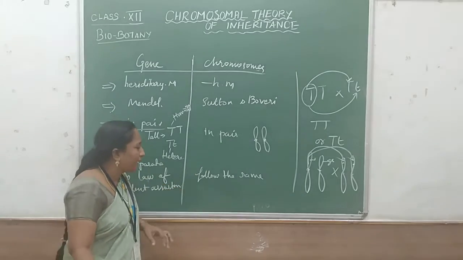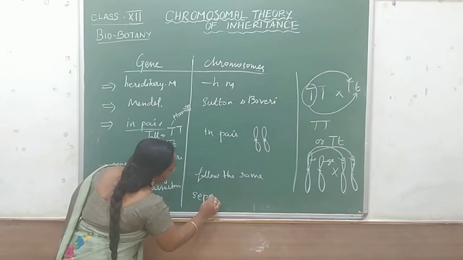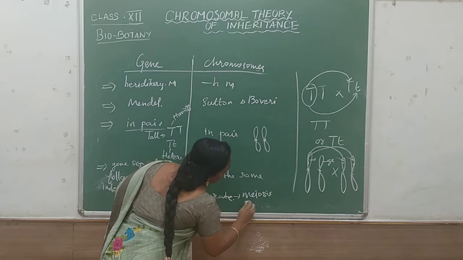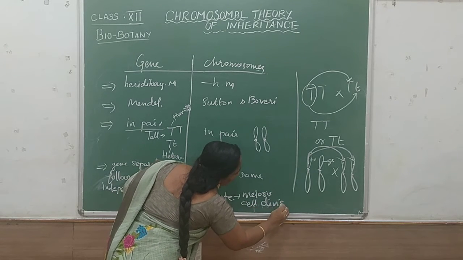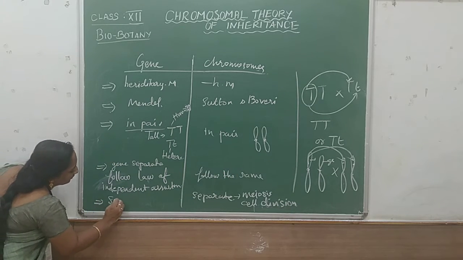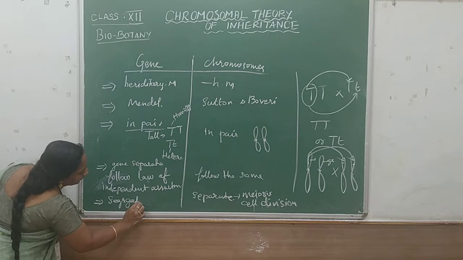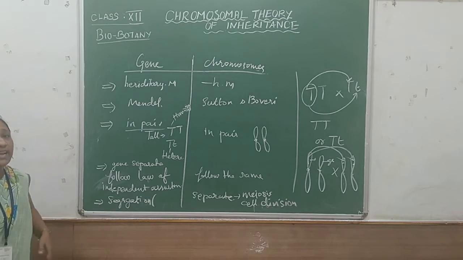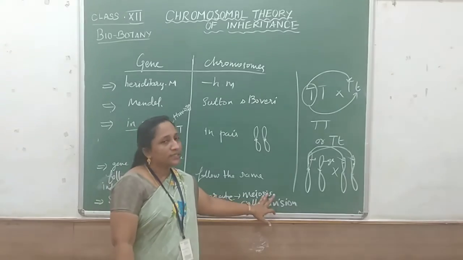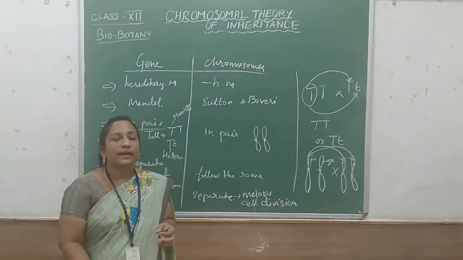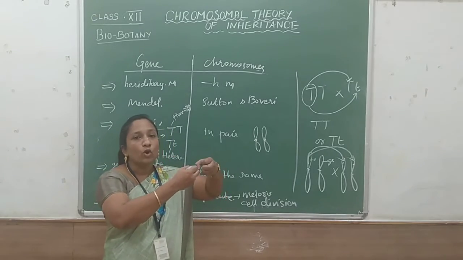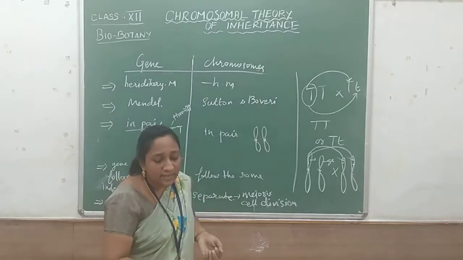The chromosomes get separated during meiosis cell division, and the genes separate during segregation. In meiosis cell division, the spindle fibers start to form and attach to the centromere, and both are pulled to opposite sides. Hence the chromosomes get separated.